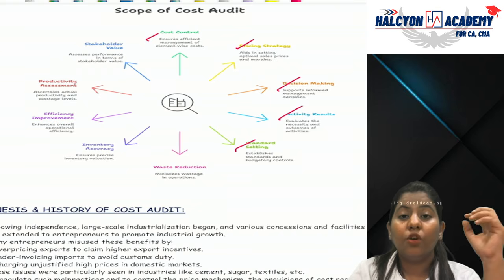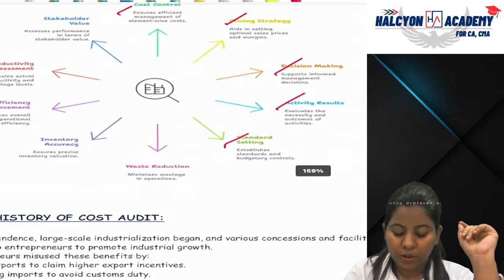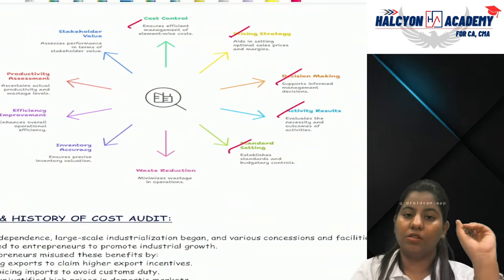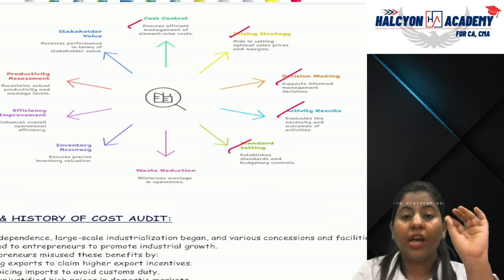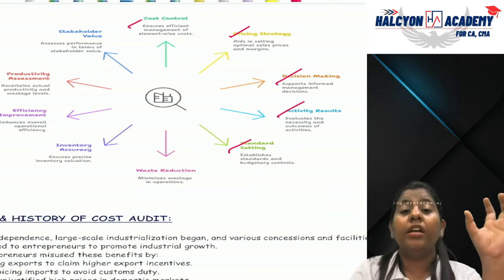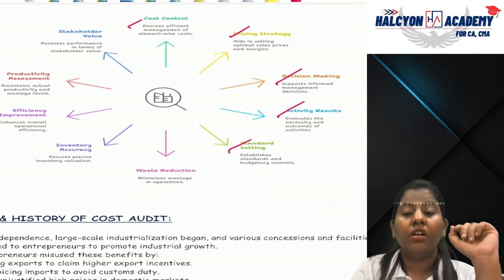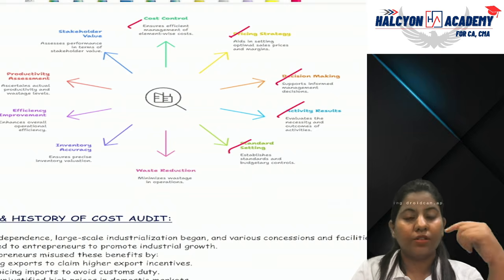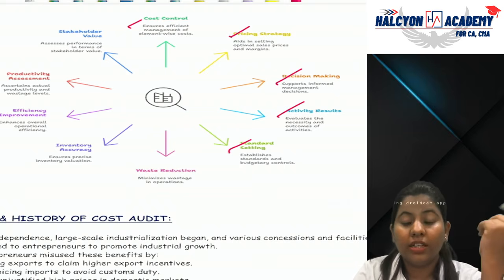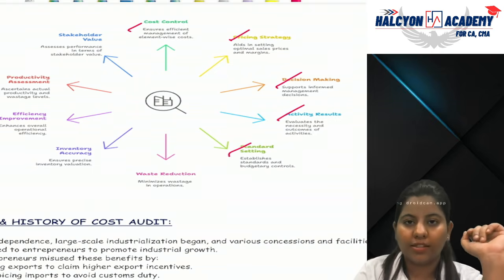Like that, cost audit also sets standards. It also establishes standards and budgetary controls. For what? To compare the actual results with that standard. Standards are always set and then compared with the actual results to find out the inefficiencies. Now you set a target of 4 hours of studying continuously, but you just sat down and scrolled Instagram reels, right?